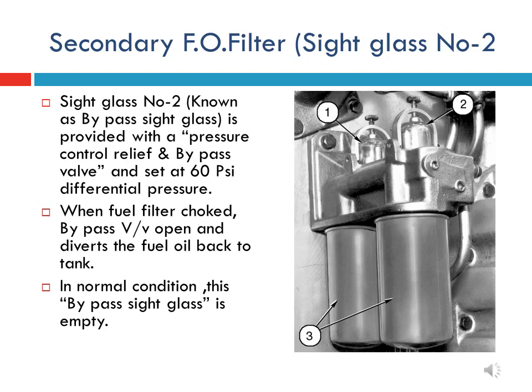In normal running condition of the engine, the bypass sight glass will be empty. If fuel oil is seen in the sight glass, it indicates that the secondary filter element is clogged. These conditions may become serious and cause the engine to shut down from lack of fuel oil.